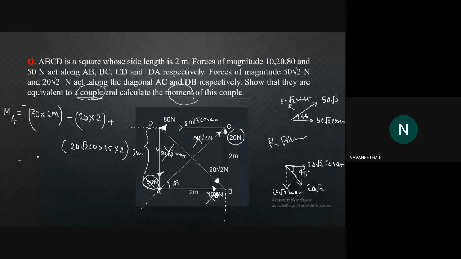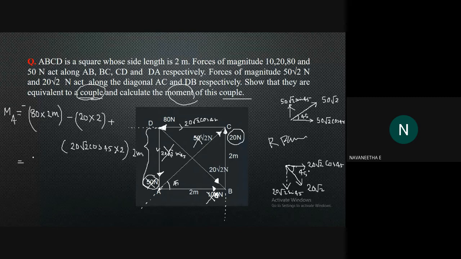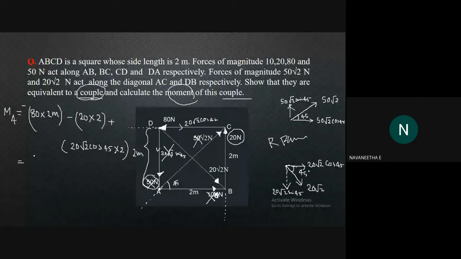So what is the value? Did you get any value or is it 0? Yes, negative 160 Newton meter. What does this negative sign indicate?